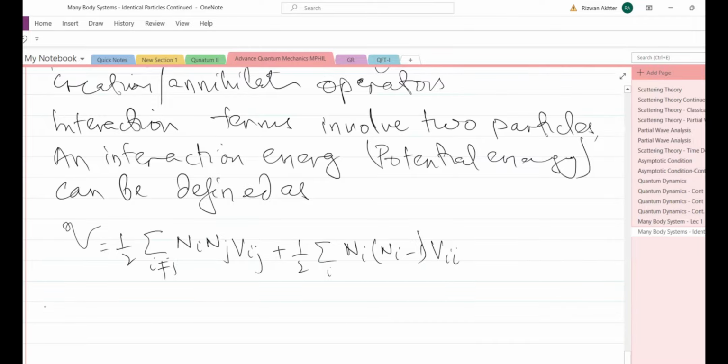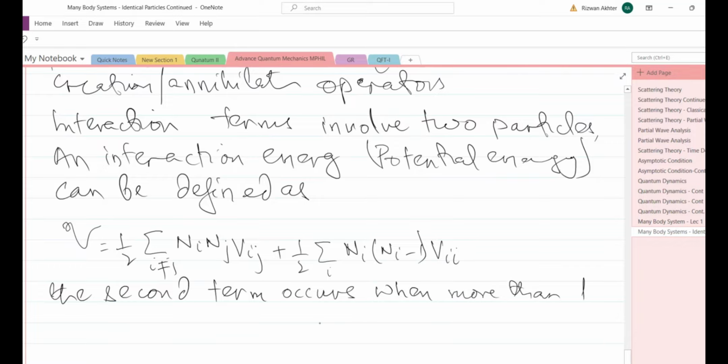So the second term occurs when there is more than one particle in a state. But then this is just for a boson.